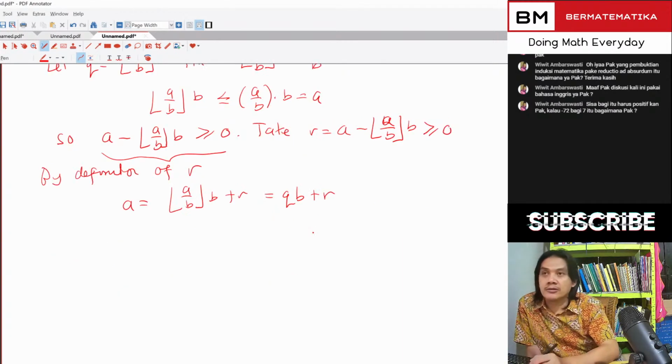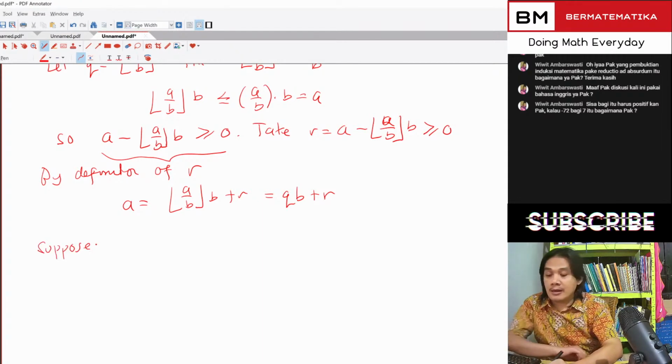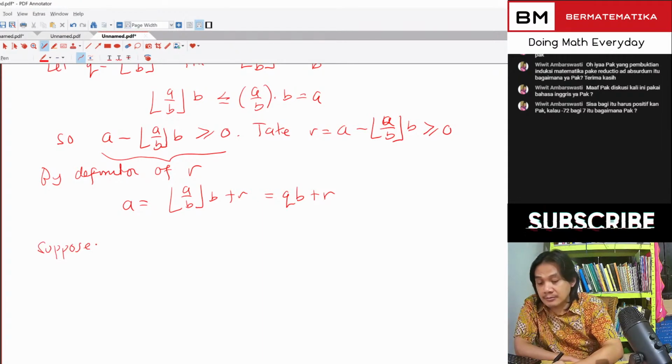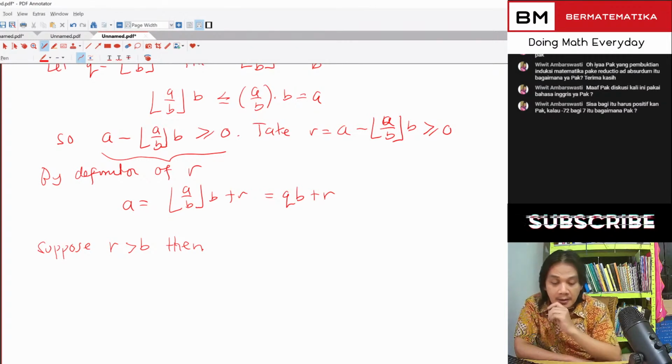And we can use contradiction. Suppose on the contrary, r is greater than or equal to b, then this guy, a minus floor of a over b times b, is bigger than or equal to b.